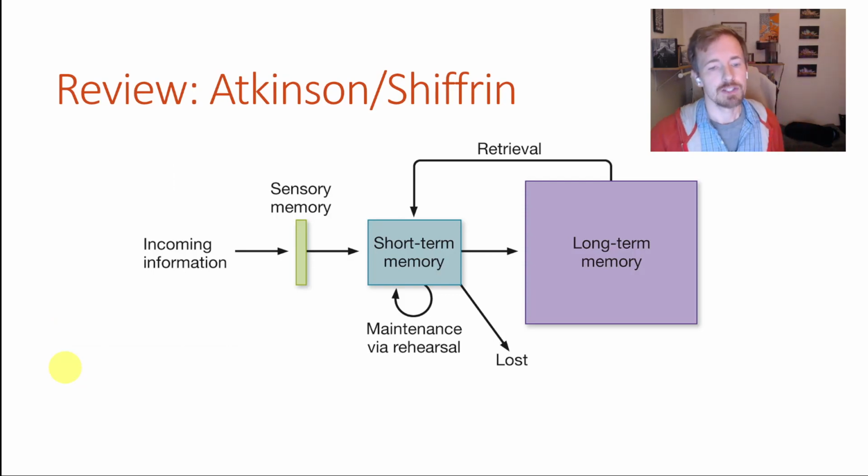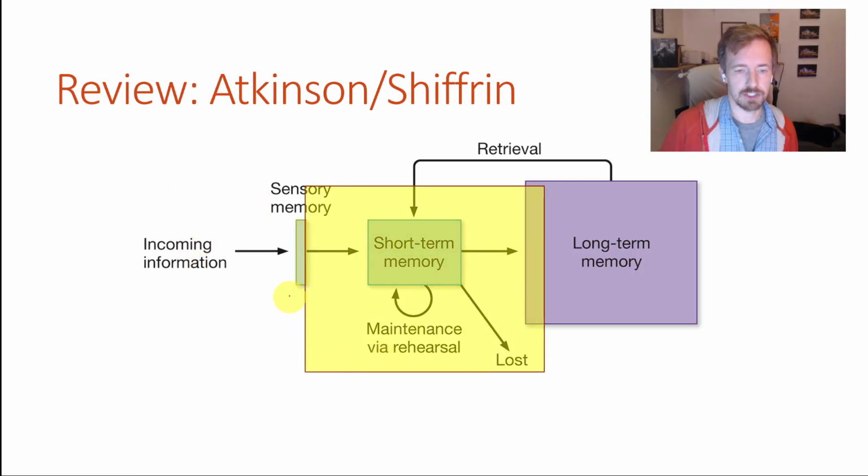This is a quick refresher. You may remember that for incoming stimuli, the first thing that we experience is sensory memory, the part of our memory that very briefly stores our perceptions.